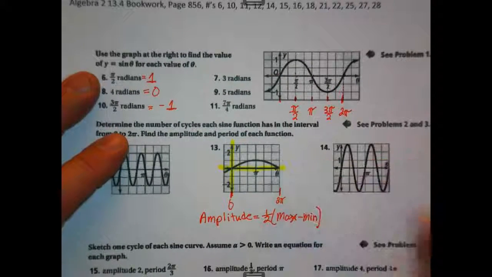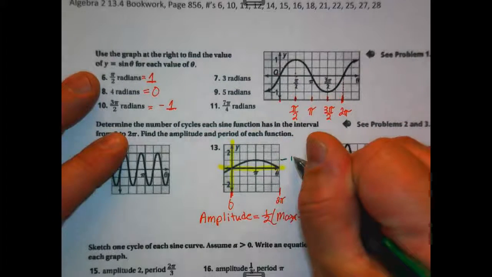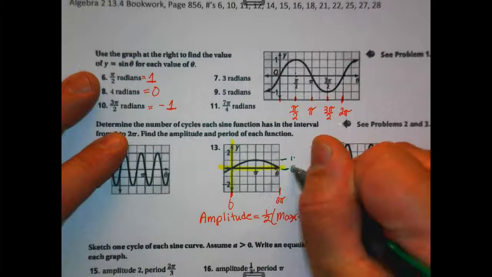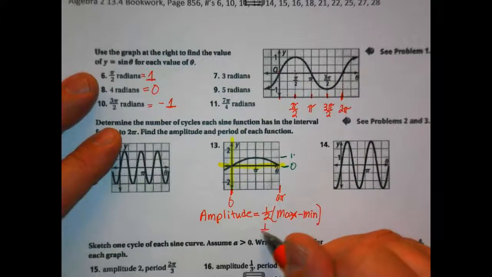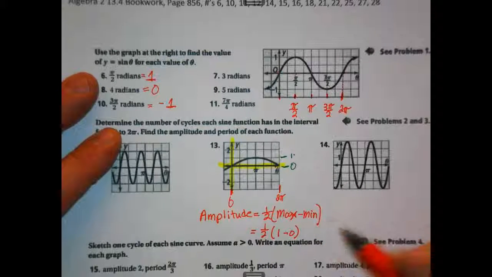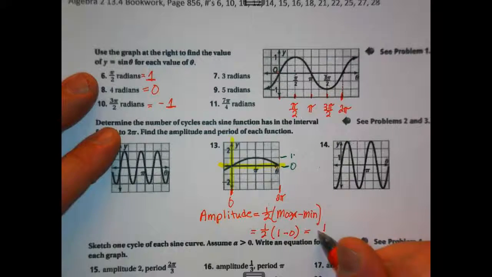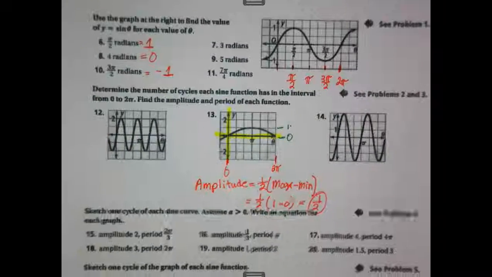So the max is 1, and the min is 0. So half of 1 minus 0 is 1, half of 1 is 1/2. And I told you it was half anyway.